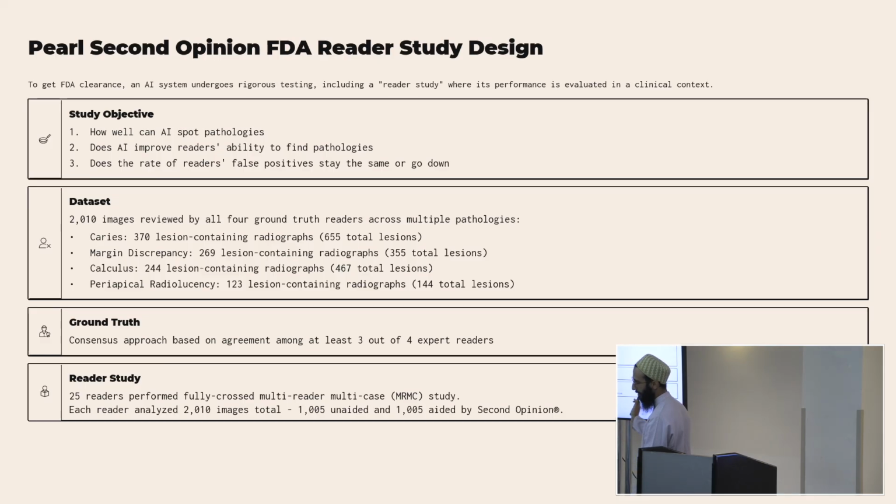So the data set, basically you have to do this over a large enough data set, right? And so what we did was we had about 2,000 images, and each of those images was sent to an expert to mark up, because you can't have the ground truth of the clinical trial being AI itself. So you need human experts to say, hey, there's actually this here.